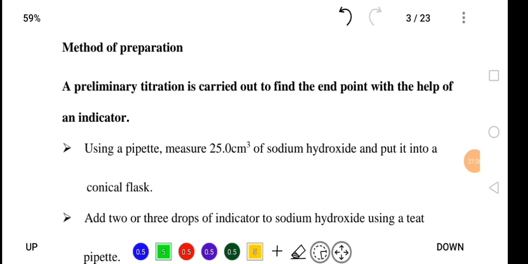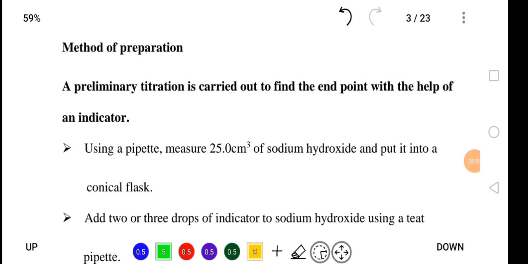Now, you need to understand that when we are reacting an alkali, which is sodium hydroxide, with an acid such as hydrochloric acid, we use an experiment known as a titration experiment. What are you supposed to do?